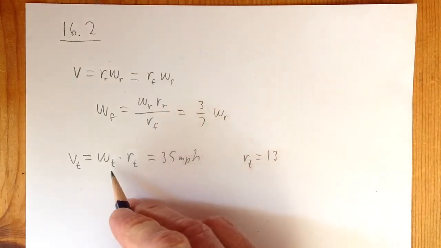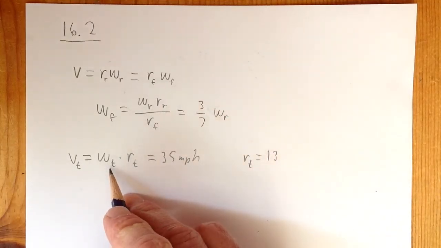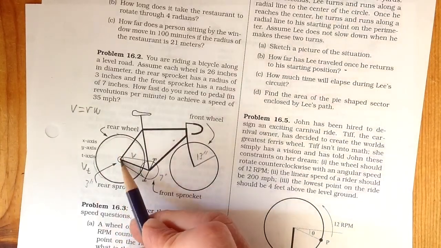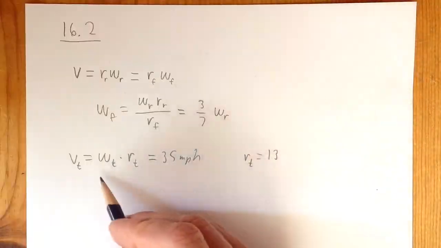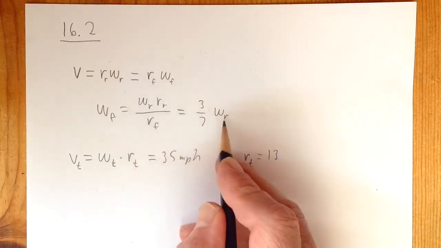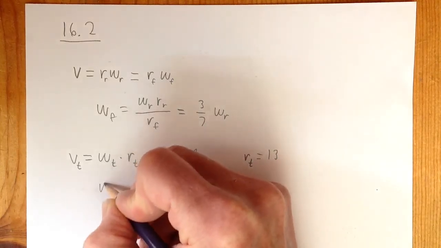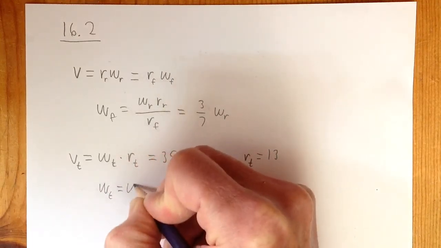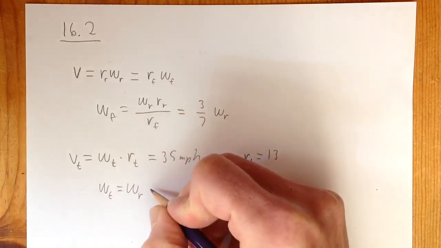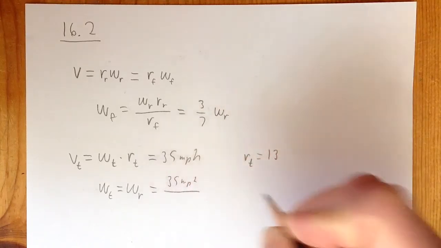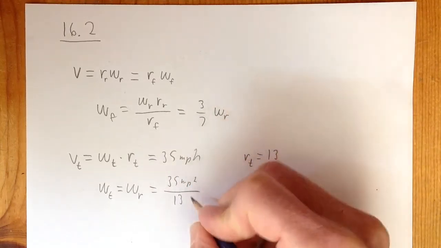So if we can figure out the omega of the tire, it's connected to the rear sprocket, so it's the same. This omega t is the same as omega r. So if we solve for omega t, which is equal to omega r because they're connected, it is 35 miles per hour divided by 13 inches.